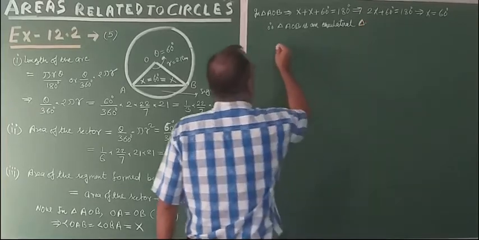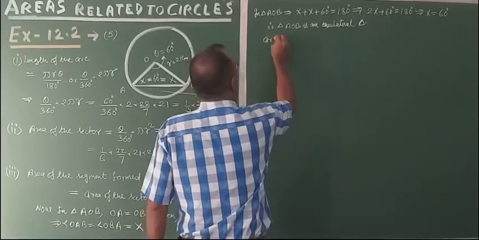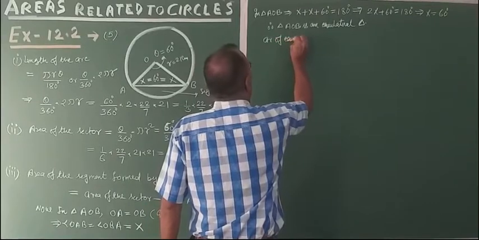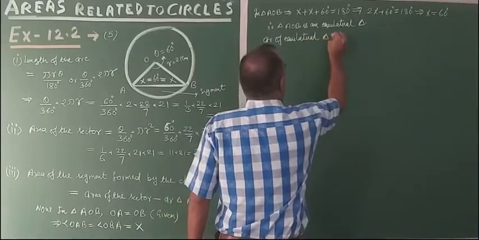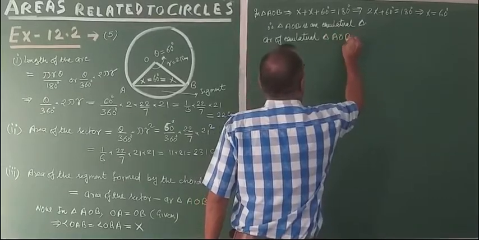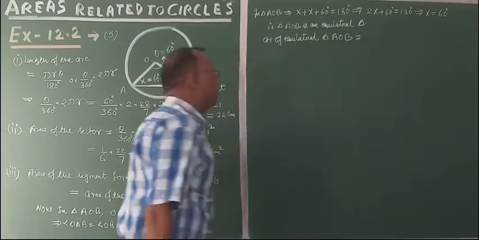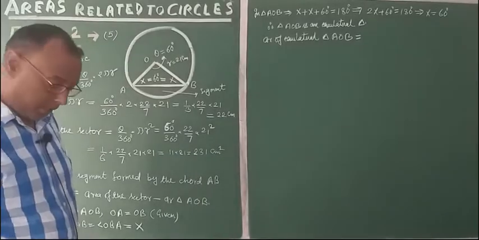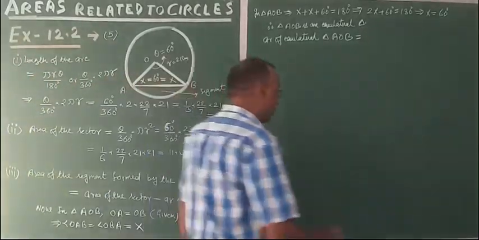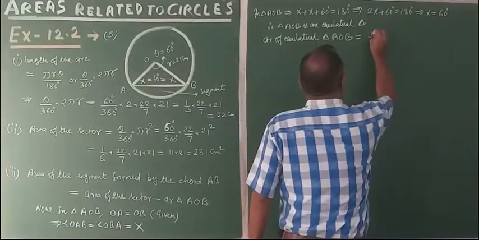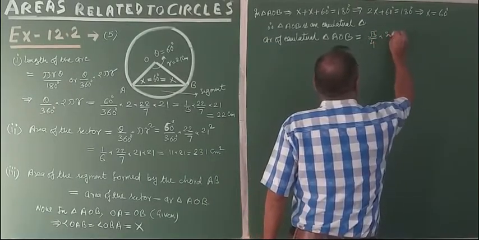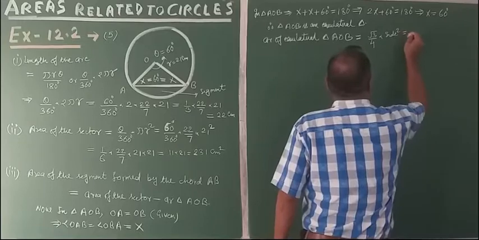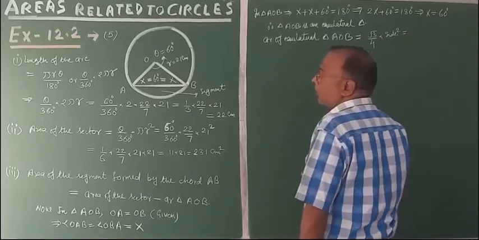The area of equilateral triangle AOB is square root 3 upon 4 into side square. What is the side?